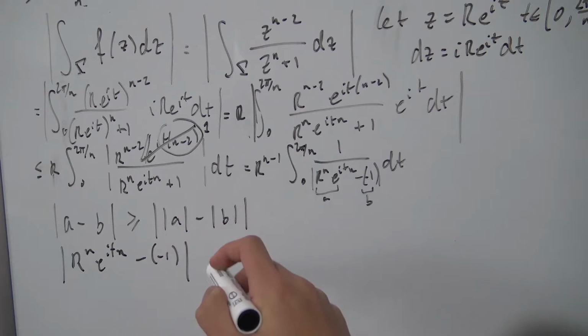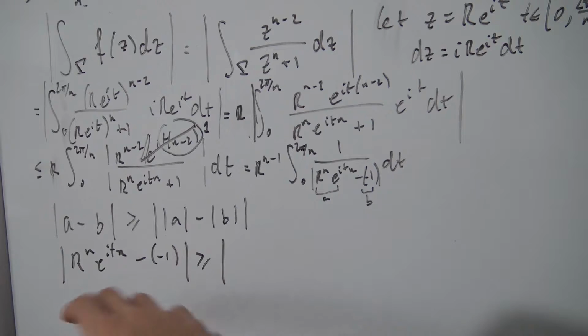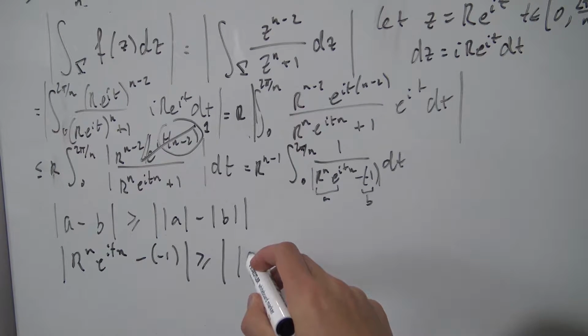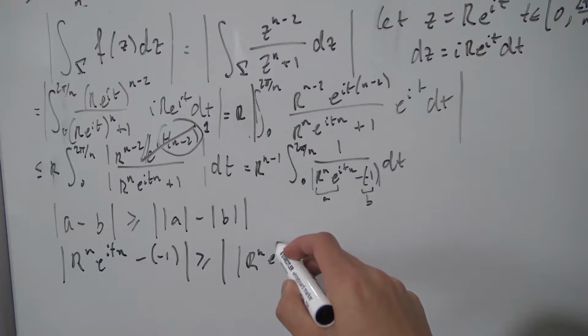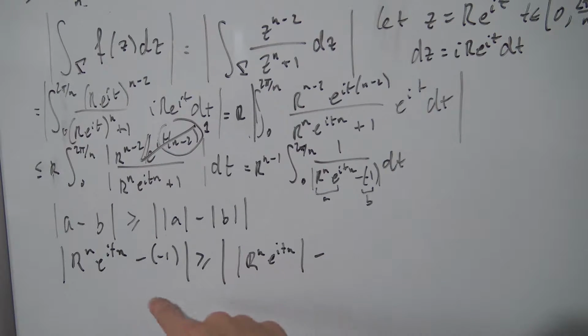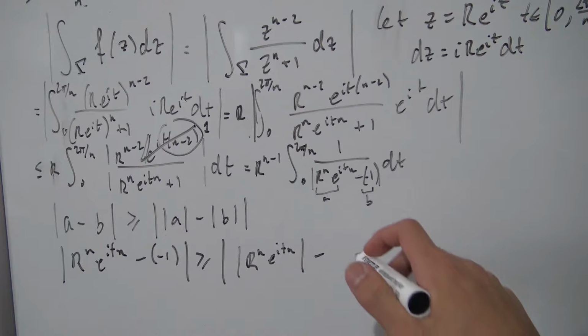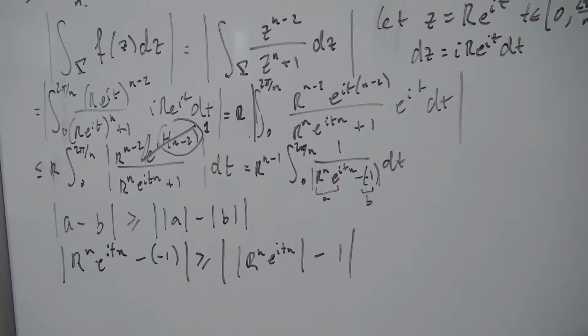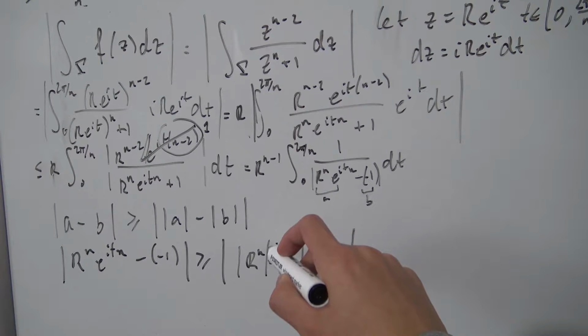Using the reverse triangle inequality, that's going to be greater than or equal to the absolute value of r to the n, e to the i, t times n, and then minus the absolute value of negative 1, but the absolute value of negative 1 is just 1. So I'm just writing it like that. Okay, and here we have a multiplication, so let's split that up a little bit.